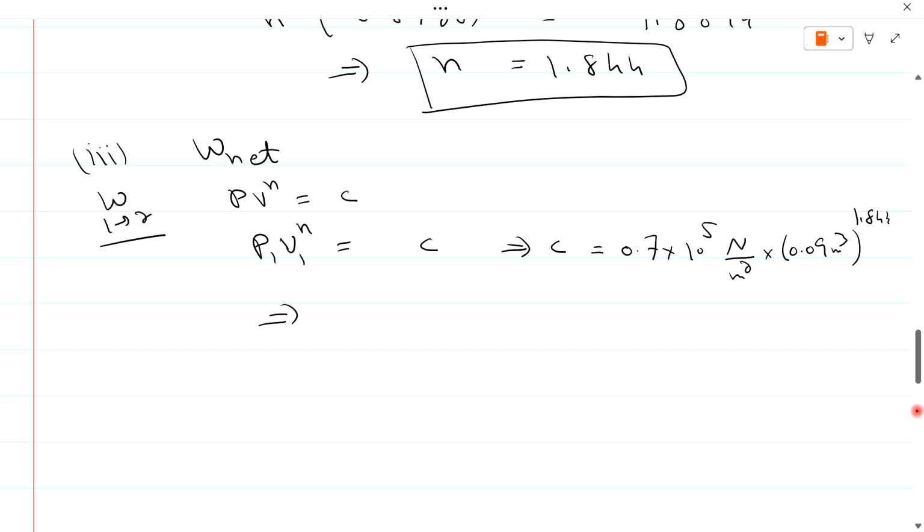Simplifying this, the value of C will be equal to 825.50, and there will be some unit.